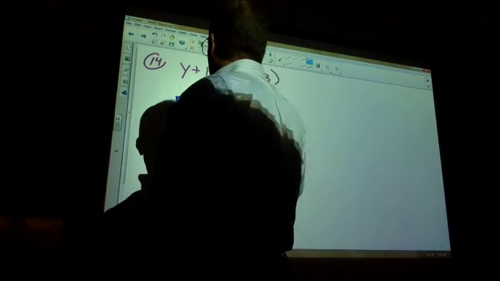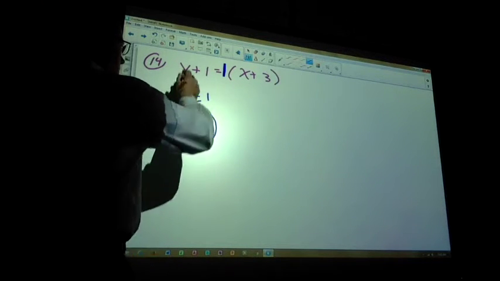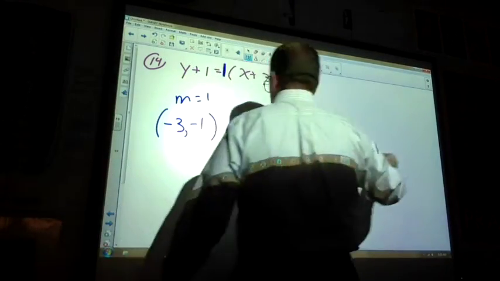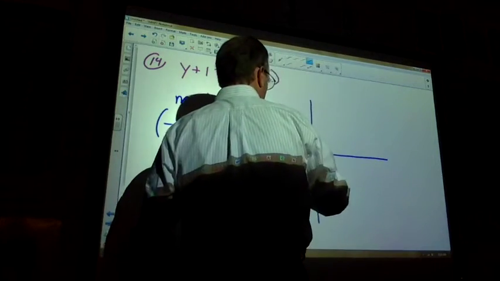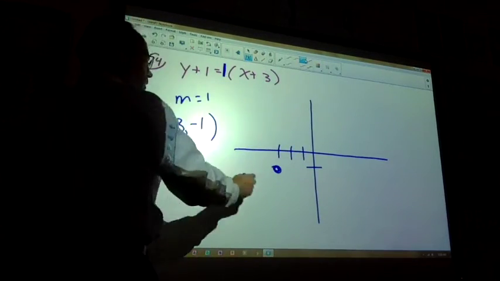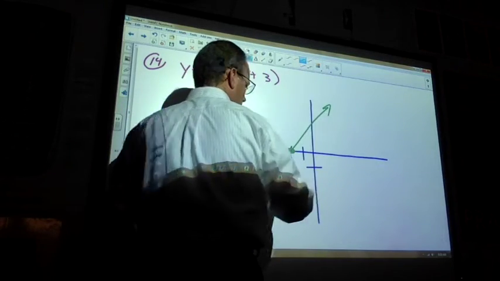My point that I'd like to plot is what? Negative 3, comma, negative 1. Always opposite. So plot the point first, and then from that, I'm going to use my slope. So I'm going to go up 1, right 1. Done.